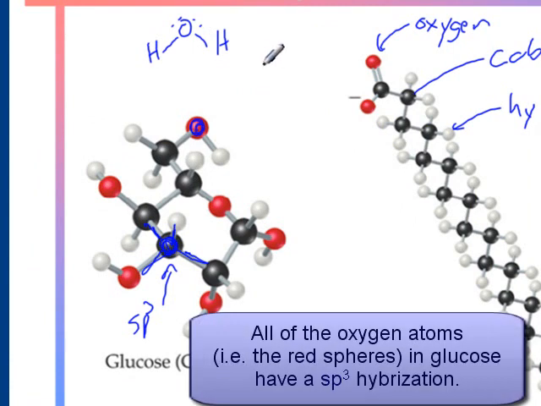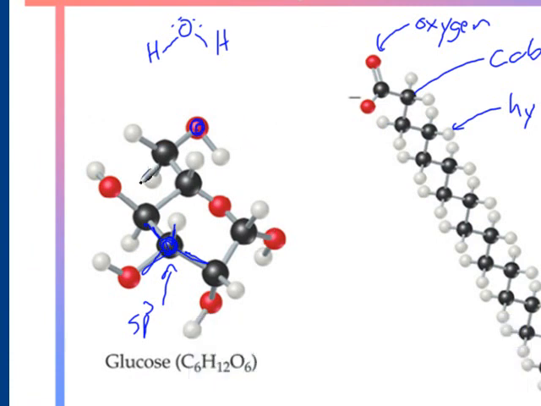If you apply that reasoning to this structure here, one thing about the ball and stick models is that they don't explicitly show the lone pair electrons. But if you have a red oxygen atom and there are two single bonds shown, then there's an additional set of lone pair electrons on the oxygen atoms there.